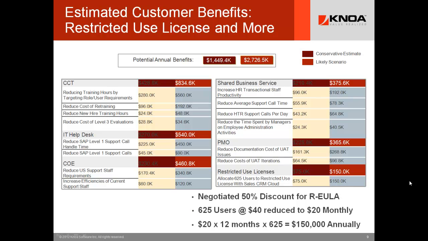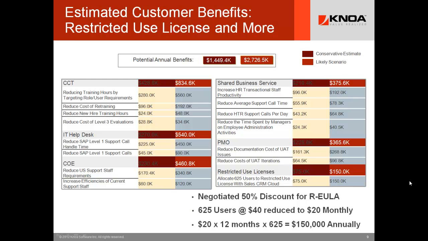And in that fictitious scenario, those 625 users might be normally charged $40 a month, but they're going to get an incremental discount from the vendor of 50%, and hence that savings to them by allocating those users to restricted use would be roughly the $20 savings per month times 12 months times 625 users. That's $150,000 annually.